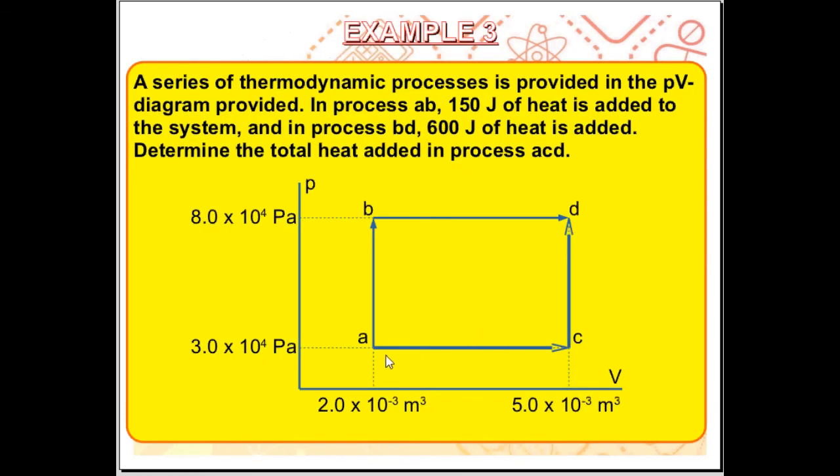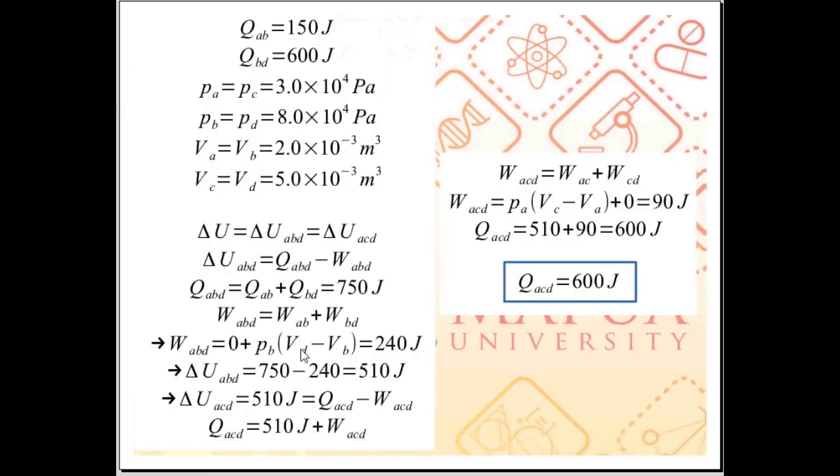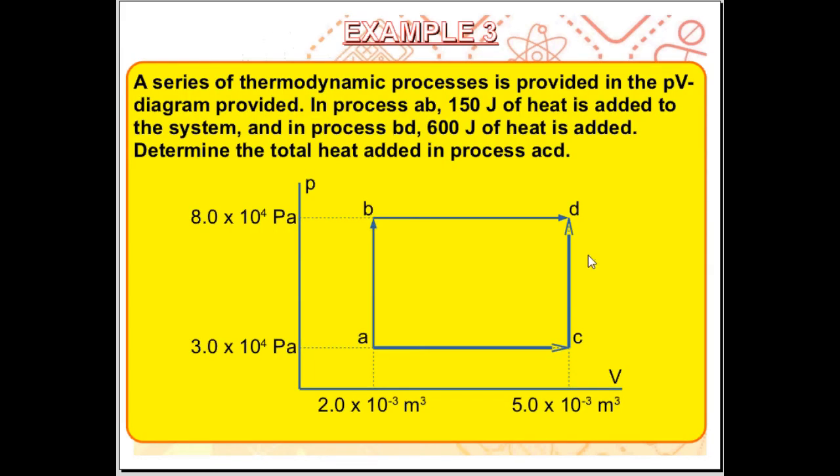ACD, the work done from A to C, the volume changes at constant pressure. So that means WAC is just equal to pressure PA times change in volume VC minus VA. Whereas the work done from C to D, the volume is constant.